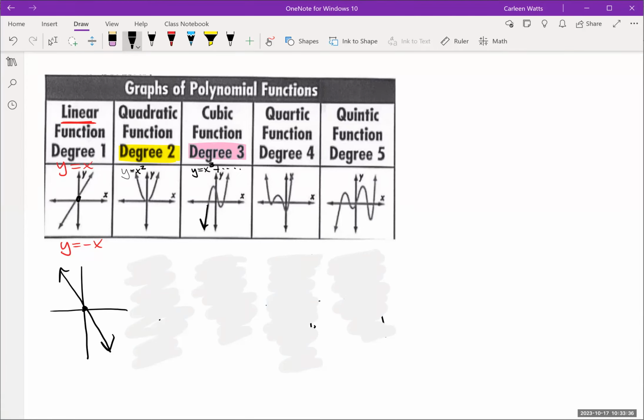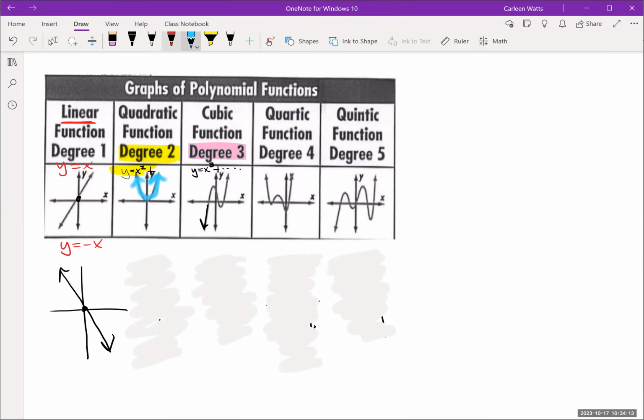We're going to talk about this chart next week, but I want you to see that y equals x squared is called degree 2 because it has an exponent of 2. It could be plus 7x plus 12, and more to it, but any function where the highest exponent is 2 is going to make a u.